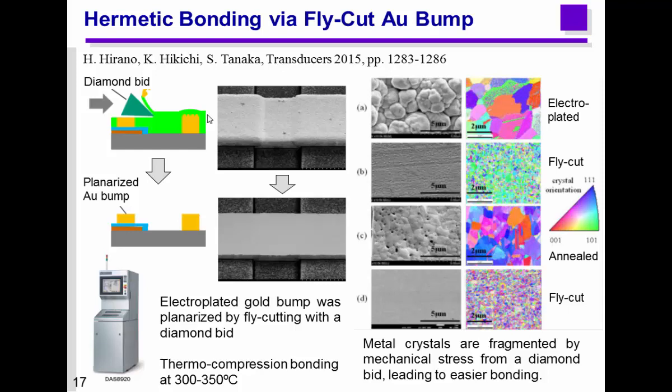And finally, we can obtain this kind of flat surface for bonding. Fly cutting is useful for planarization, but also useful to make the gold grain smaller. This is as-deposited gold, and this is after fly cut. You can see the grain size is refined. This is important for low temperature bonding.